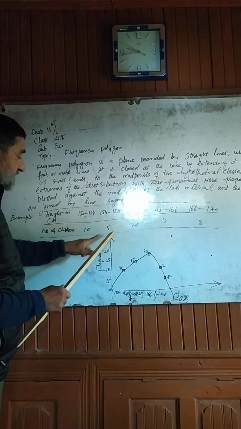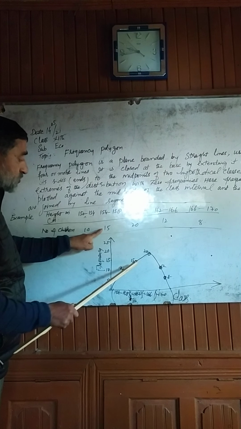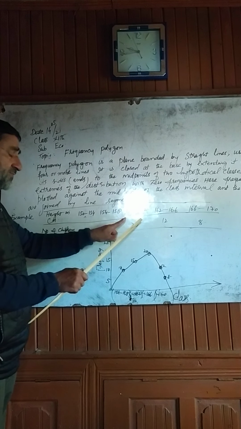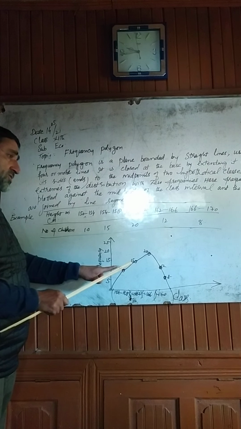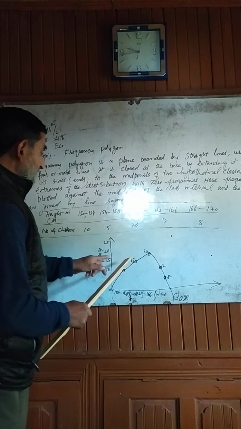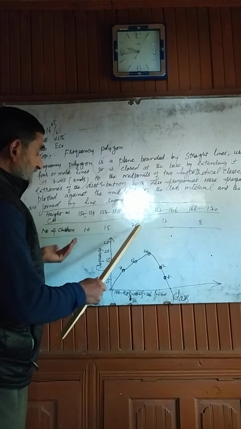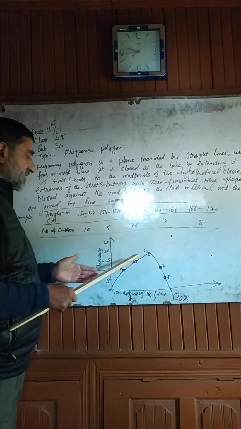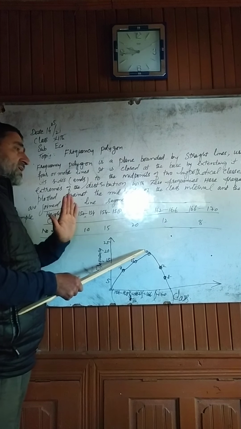The next class frequency is 15, and we have to show the 15 here. It means that there occurs an upward lift in the straight lines. Thereafter, when we represent the third class, it heightens further.